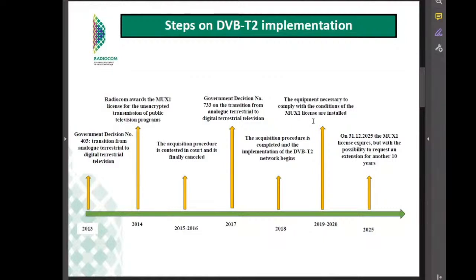The acquisition procedure was contested in court, and in the end was cancelled after 2 years. So we later succeeded in finalizing and implementing the network, at the end of 2020, in December last year.